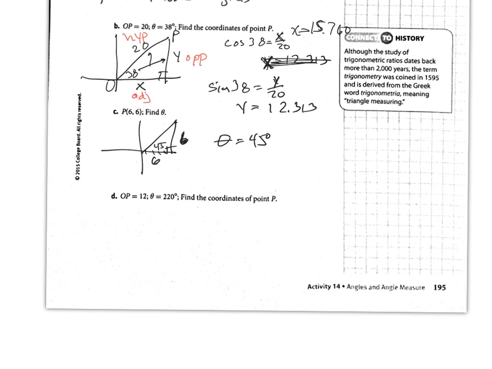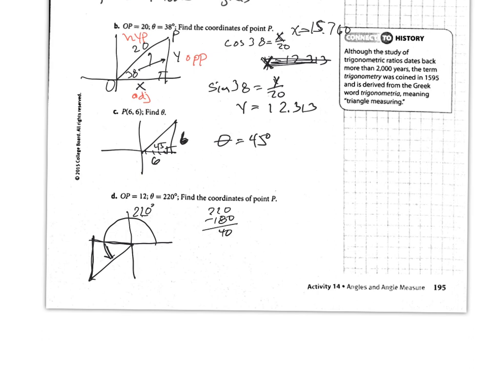All right, so 220, finally we get to one not in the first quadrant. So you start by drawing your angle, like that. So 220 is over here. We don't care about the 220 because all we need is this much space right here. So we have to do 220 minus 180.